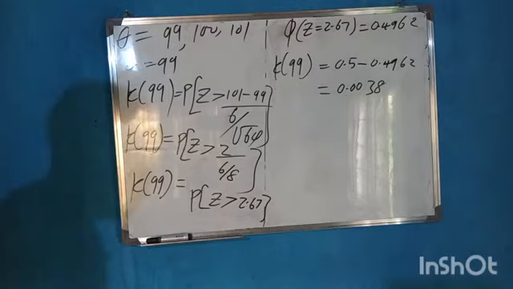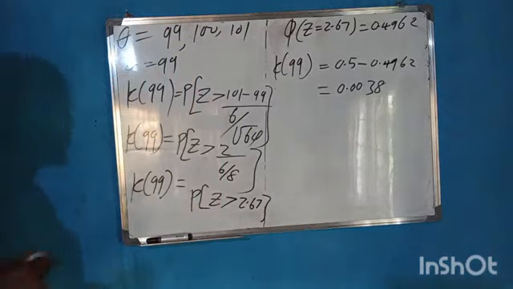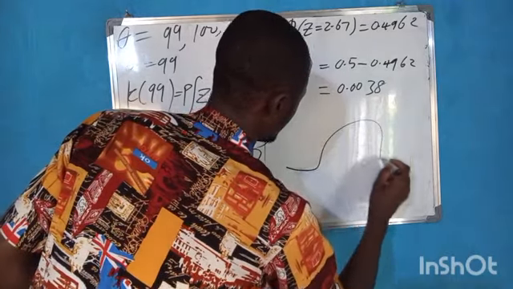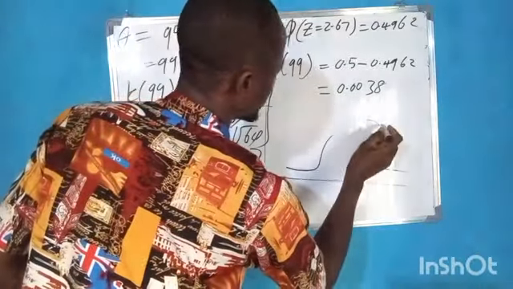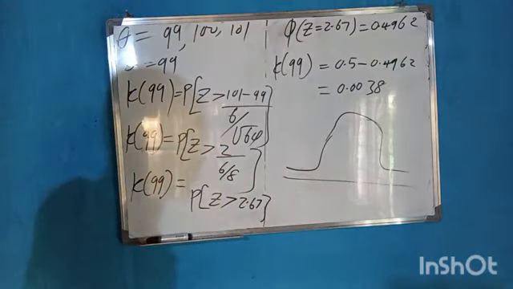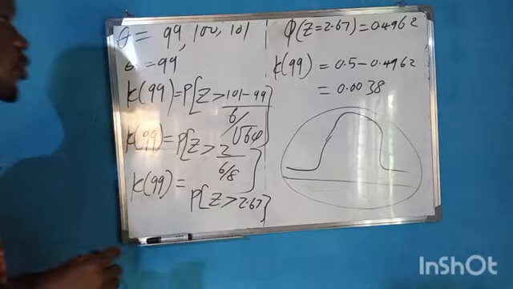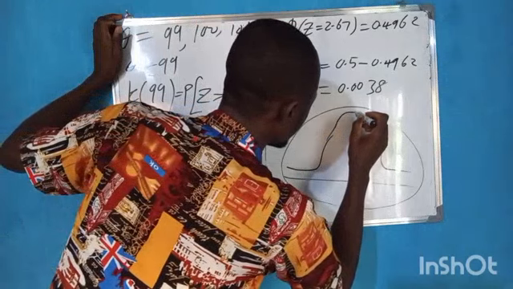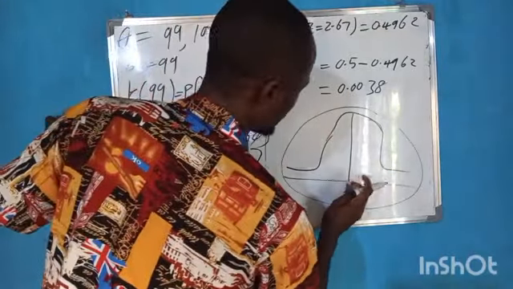Now, I used minus here. In normal distribution, the total area under the curve is 1. This is the normal distribution curve. Don't mind my drawing. From the center here, this is 0.